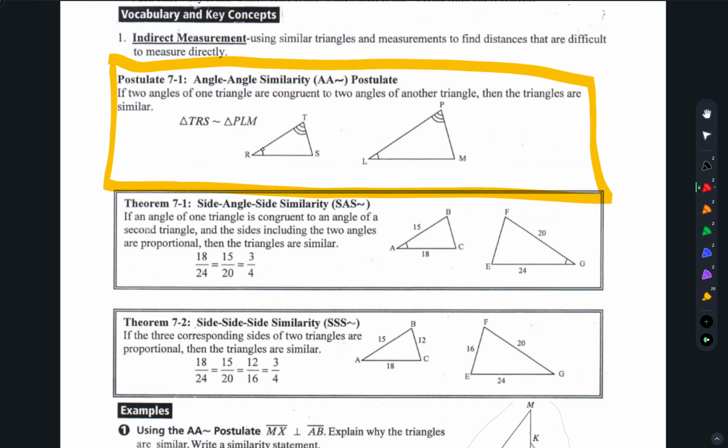The two parts that we need are two pairs of congruent angles. If we have two pairs of congruent angles, we can say these two triangles are similar by AA similarity, with the little squiggly on the end.